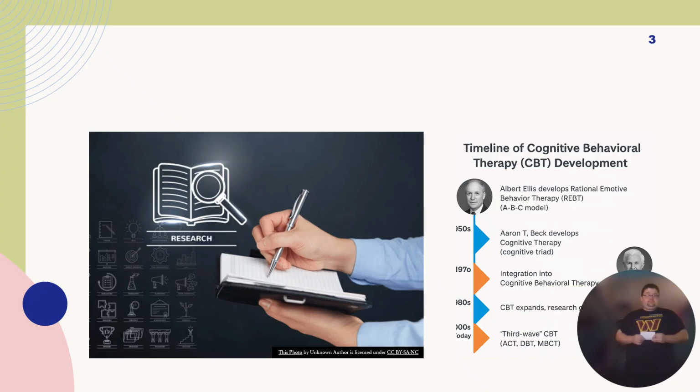If you see here, there's a brief timeline visual on this slide explaining the beginnings of CBT. It started with two key figures, Albert Ellis and Aaron T. Beck. In the 50s, Ellis had developed his own form of therapy known as rational emotive behavioral therapy, and this was based on the idea that irrational beliefs equate to unhealthy emotions.